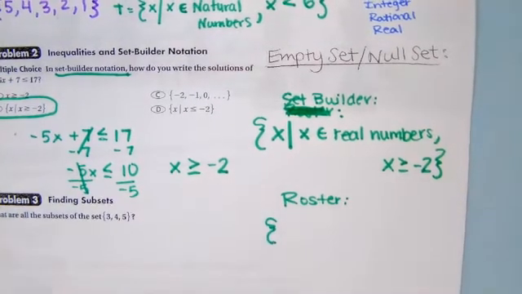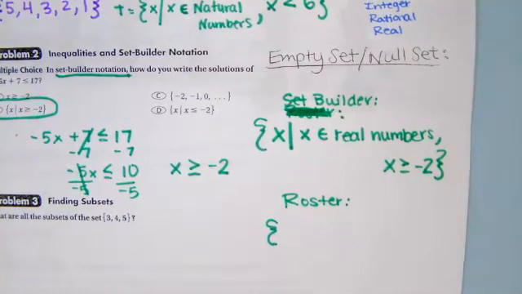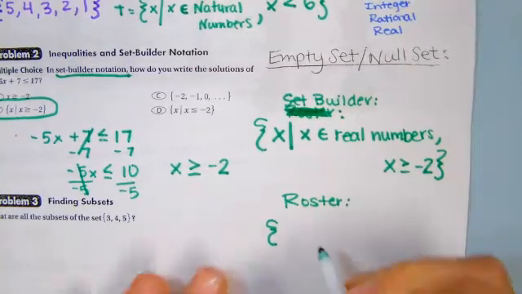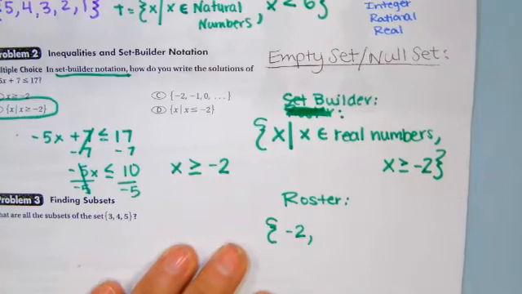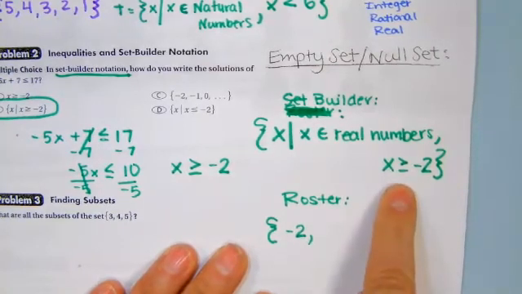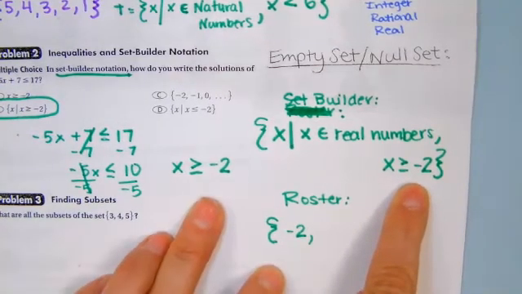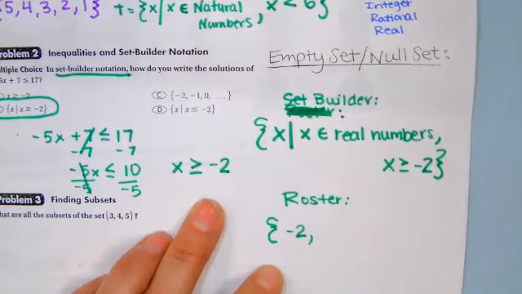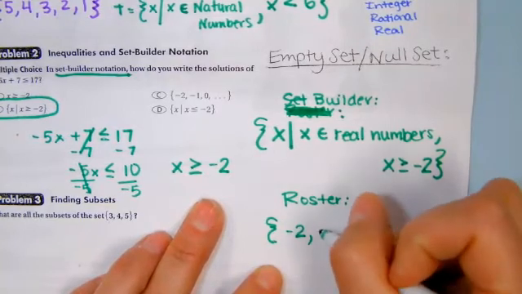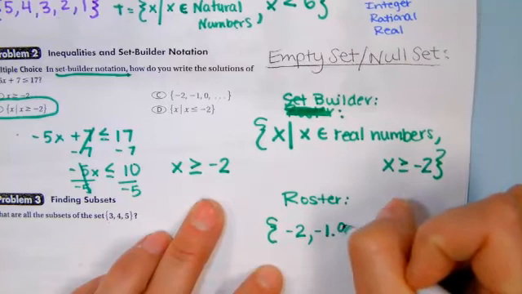You would start with a bracket. It's got to be greater than or equal to -2 is what we're saying. So -2, comma. What's the first number that's greater than -2? But here's the thing, we might have to say -1.9, right?